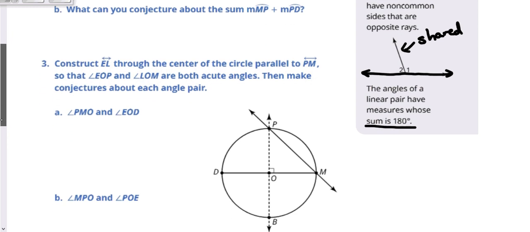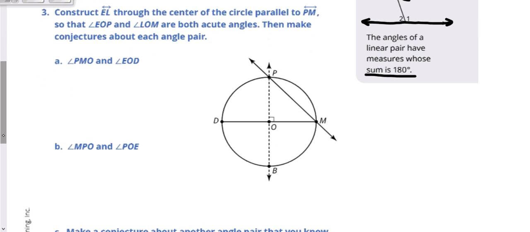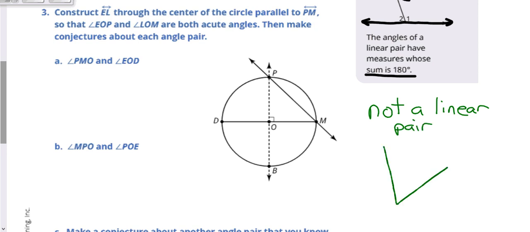So just for an example of what is not a linear pair, is something that looks like this. So if this was angle 1 and angle 2 here, yes, they have a shared side, but their non-shared sides are not opposite rays.